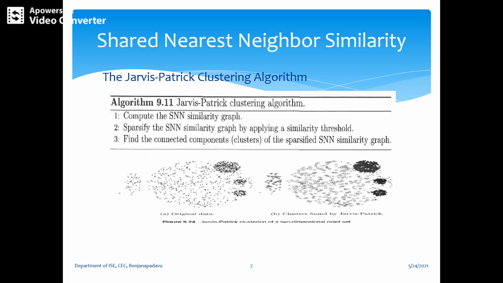Now the topic is shared nearest neighbor similarity. We have seen that in some cases, clustering techniques that rely on standard approaches to similarity and density do not produce the desired clustering result.